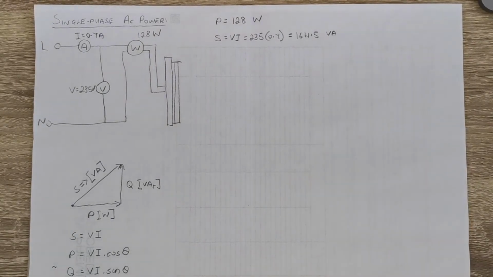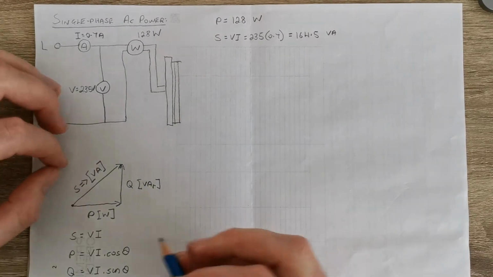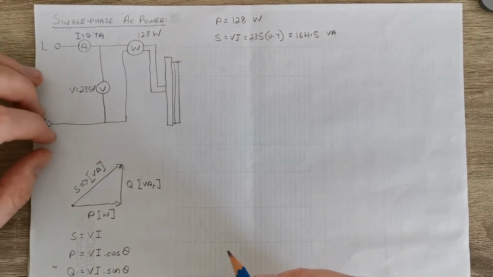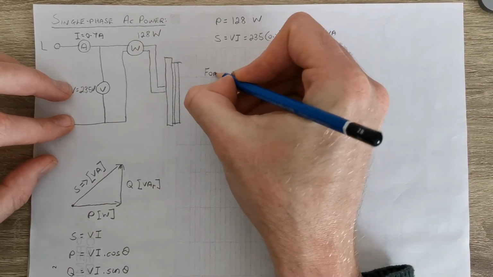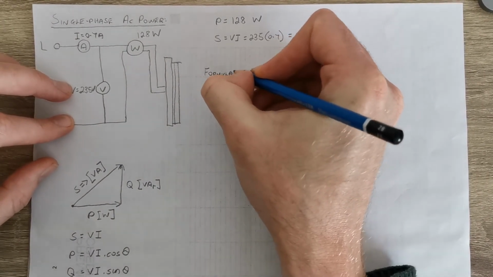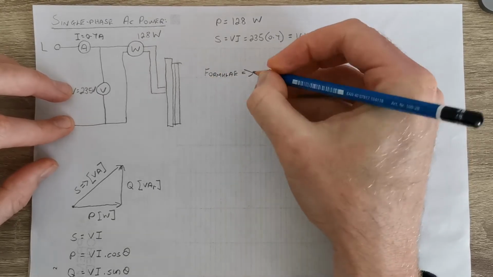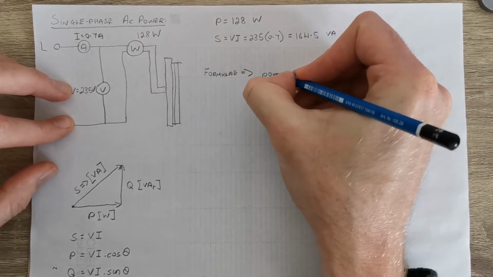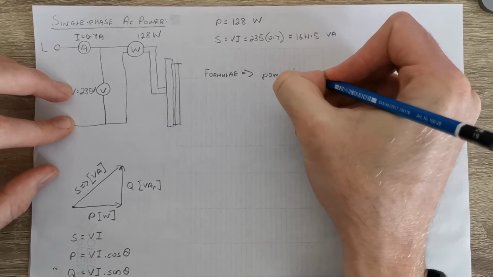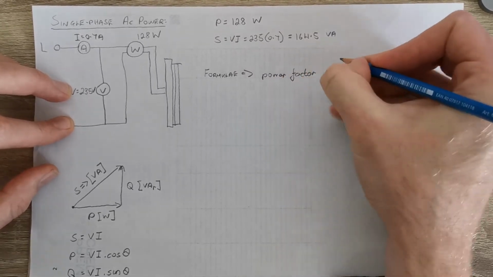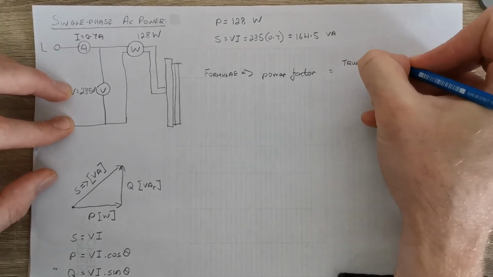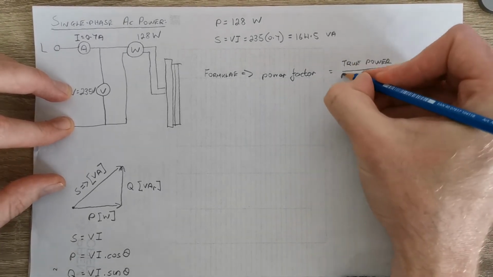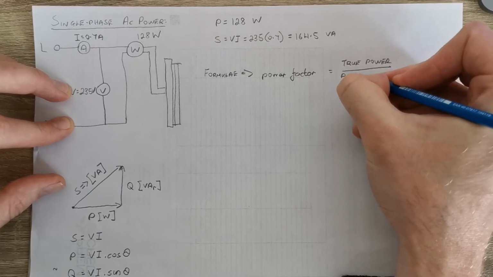Now if you look in your formula book in AC formula on the bottom right, you'll see there's an equation for power factor. So from your formula, you see that there's one for power factor, and it says true power over apparent power.